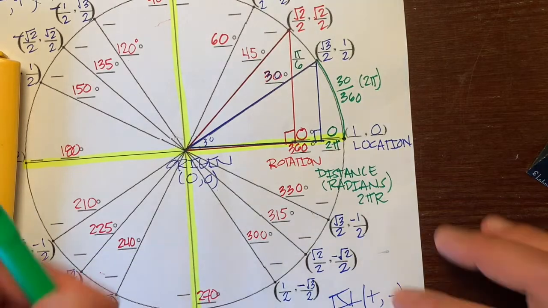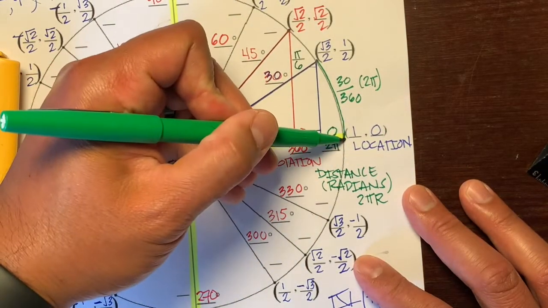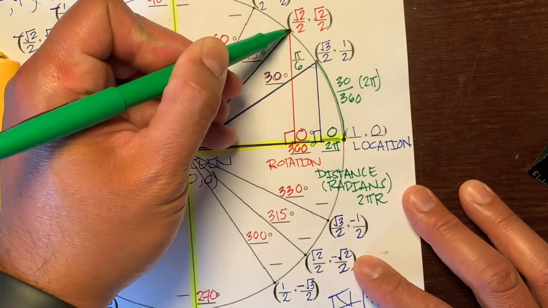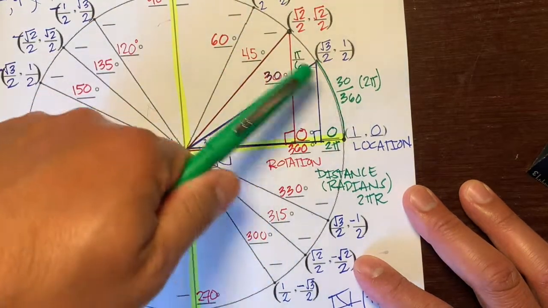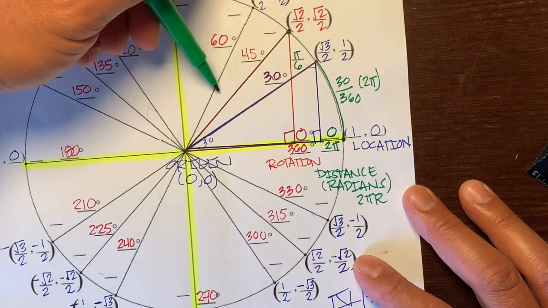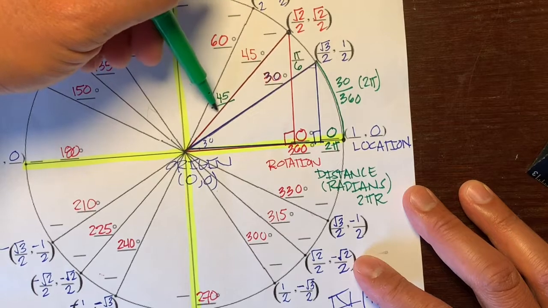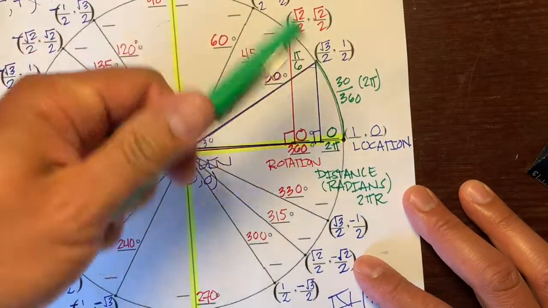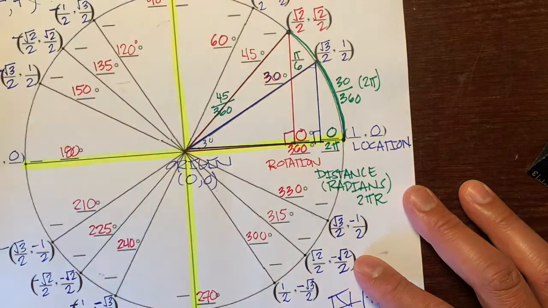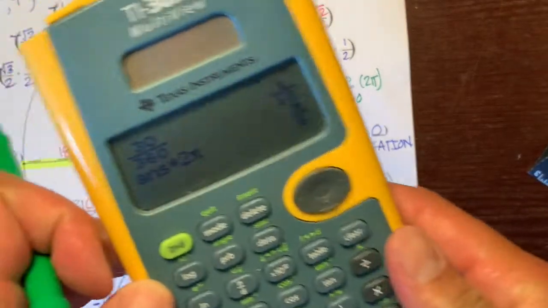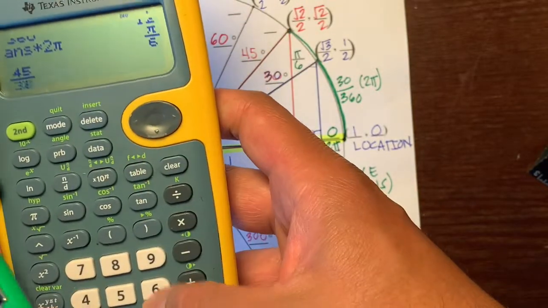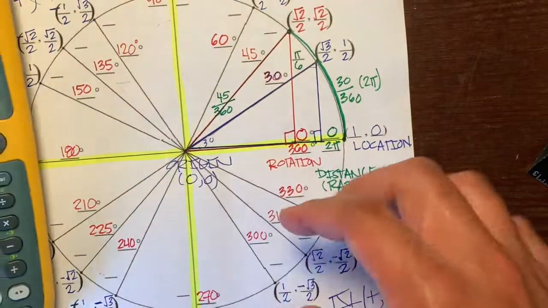Now let's find this arc length, starting from 0 all the way over here. That rotation is 45 degrees, so let's show the work. We want 45 out of 360, and remember, we're just finding the arc length from here to here. 45 out of 360 is 1/8.